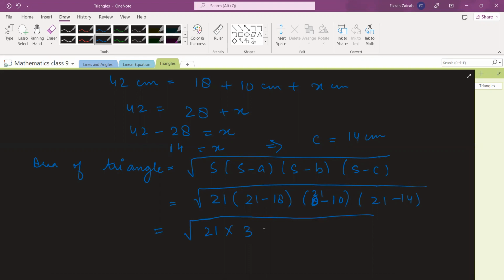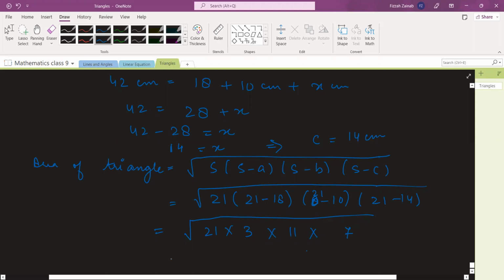So 3 into 21 minus 10 is 11. 21 minus 14 is 7, right? Yeah, 7 I'll get.